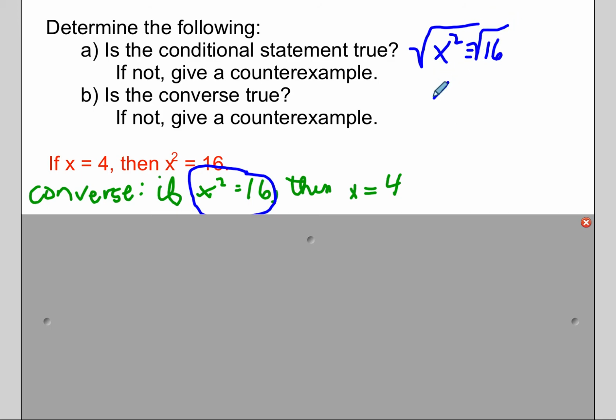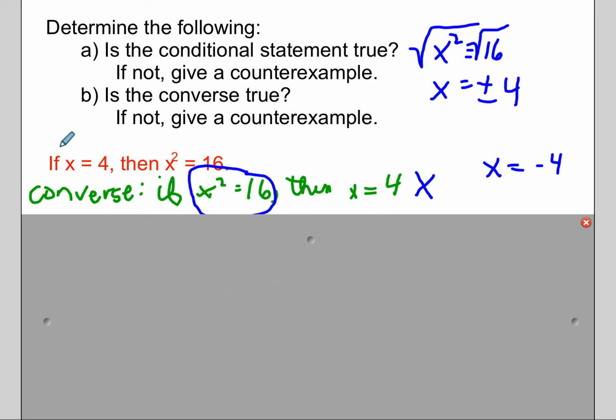And if you remember, when we take the square root of something, we get both the positive and negative versions of that number, because here x could either be 4 or it could be negative 4, because 4 squared is 16, but negative 4 squared is also 16. So the converse of this statement is not true, and the counterexample would be x could equal negative 4. If x squared equals 16, then x could be negative 4, and that would make this converse not true.